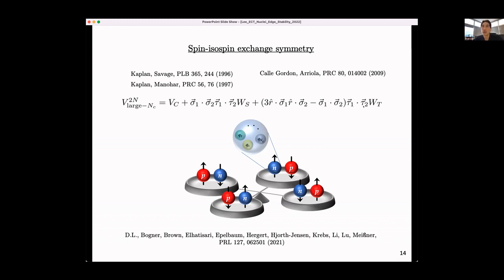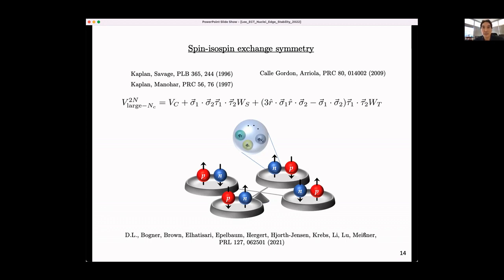So it has to have this structure tau-dot-tau. But what's interesting is that if you are going to consider an object where you average over the intrinsic spins of the system, then the tensor force will average to 0. That's just the nature of the tensor force. It's traceless in intrinsic spin. Then you actually eliminate the expectation value of this term, and you recover a very nice spin-isospin exchange symmetry.